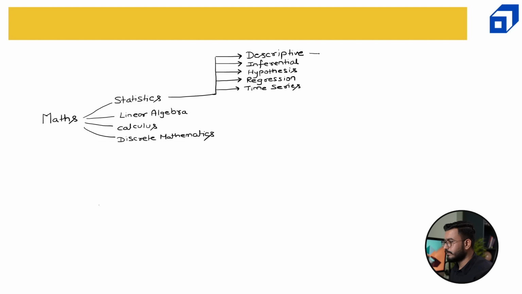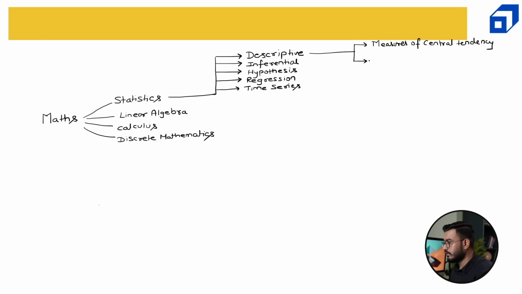Now, descriptive statistics, which is the very basic statistics, or maybe all of you already know about it, is further divided into two subcategories, which is number one, measures of central tendency.